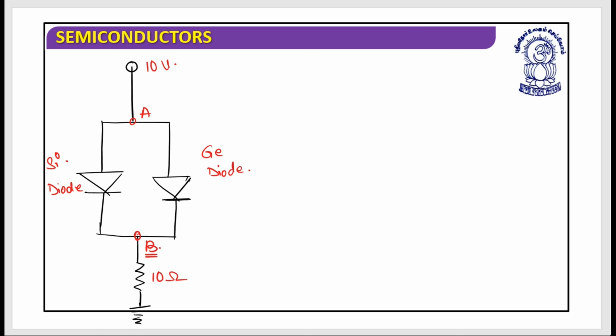What they want is to find out the potential at point B. This is the requirement. You need to find out the potential at point B. How will you do this?